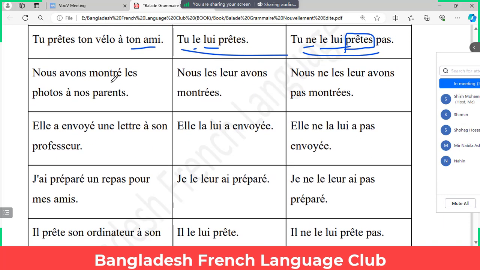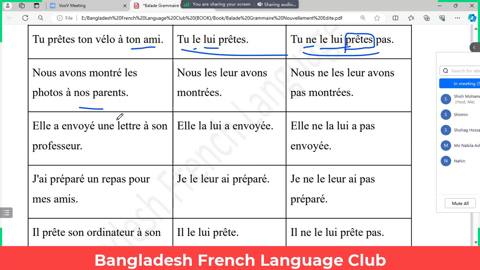Okay, one more, the plural one. Okay, do this please. So this is nous avons montré les photos à nos parents.